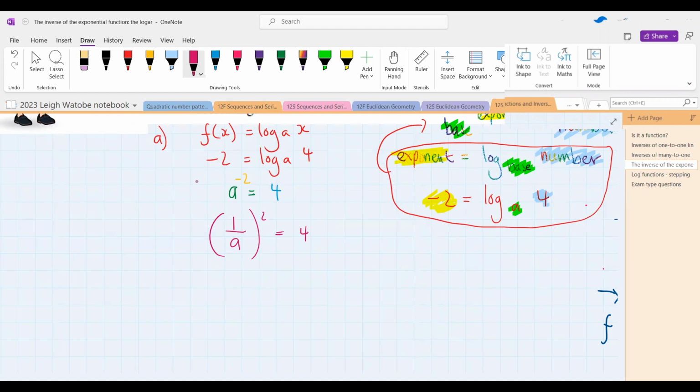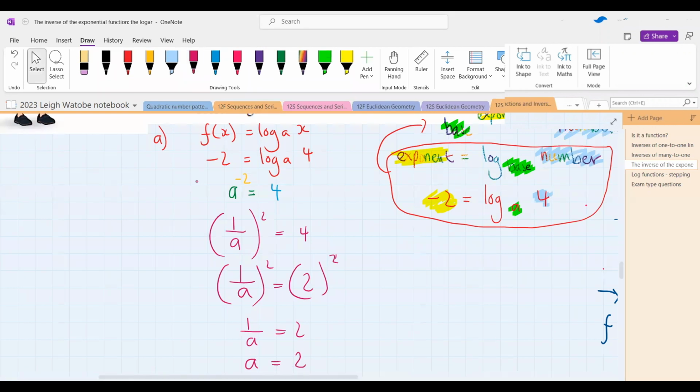I can rewrite 4 as 2 to the power of 2, so 1 over A is equal to 2 to the power of 2. That means I've made my bases the same, so 1 over A is equal to 2. Now I can cross multiply, and that means A would be equal to 2 in this case. Everybody happy with that?